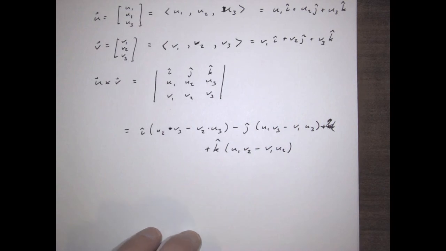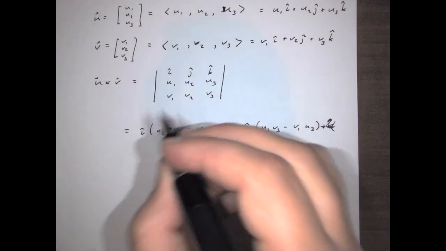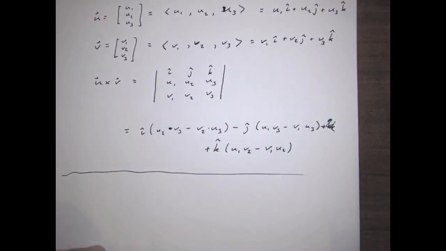Now, the cross product has lots of uses, lots of meanings. We're not really going to be discussing it in this class. It's a subject that comes up more in a physics class or vector calculus class than it really comes up for us. But if you want to know what it means geometrically, the cross product gives you the area of the little parallelogram that has u and v as its sides.